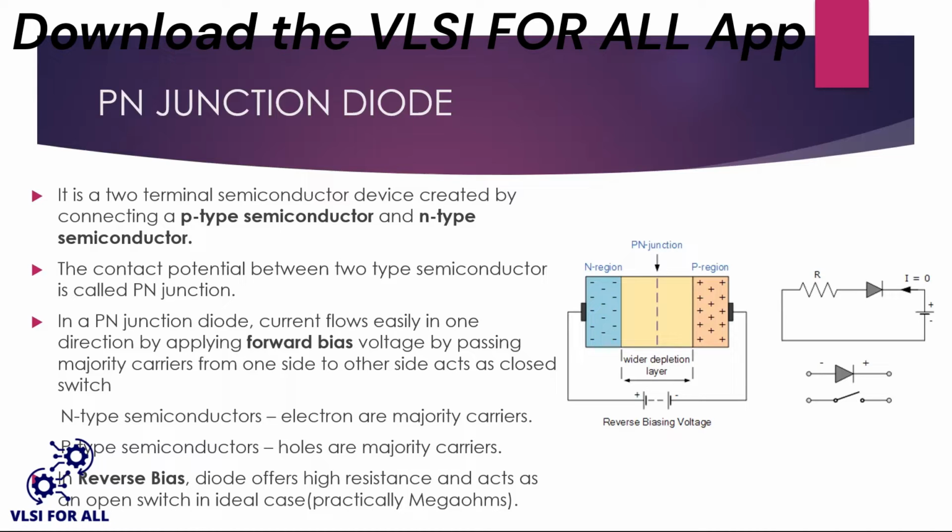So the four electrons of the pentavalent impurity and the four valence electrons of silicon will be bonded, and the remaining fifth electron of the pentavalent impurity will behave as a free electron. These free electrons will be available for conduction. So that is called an N-type semiconductor.